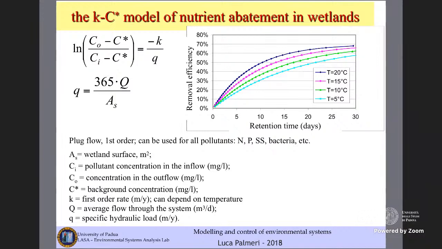It is a very useful model that links the efficiency in pollutant abatement with the surface made available to a wetland system. So we have a relationship between Q, that is the specific hydraulic load, the average flow, and the surface of the wetland, which may act by reducing these pollutant concentrations.